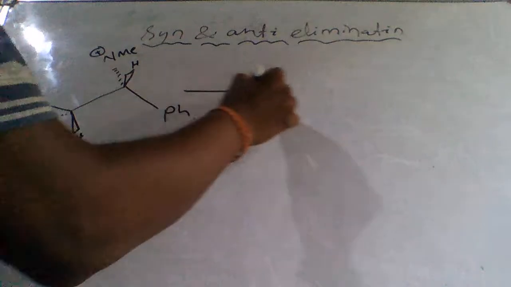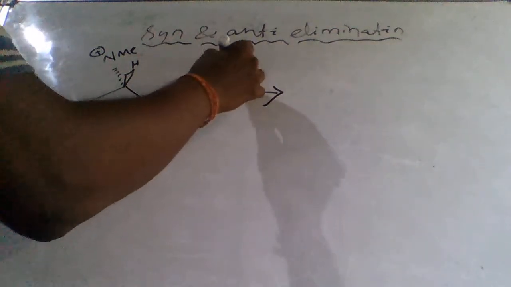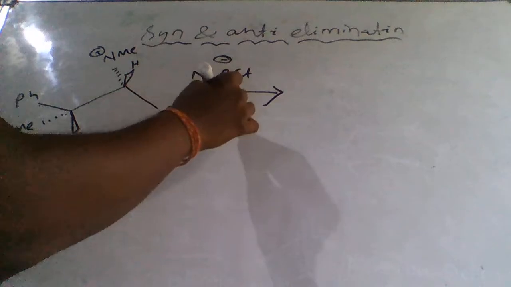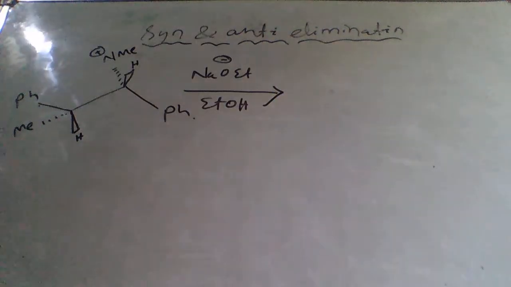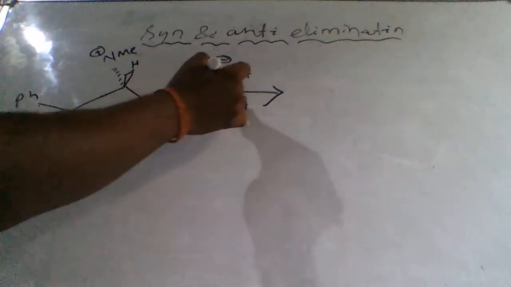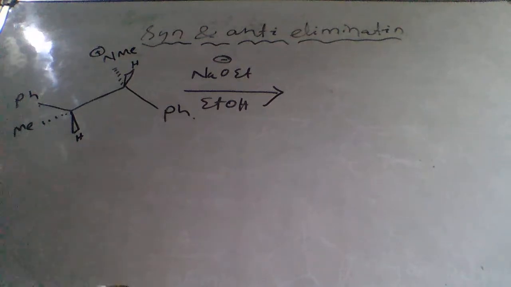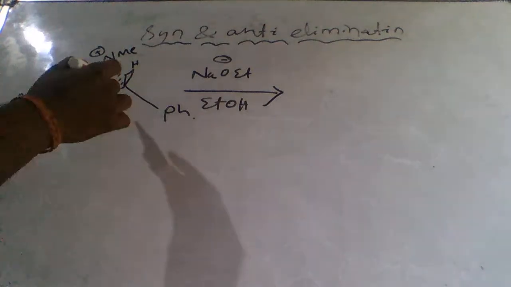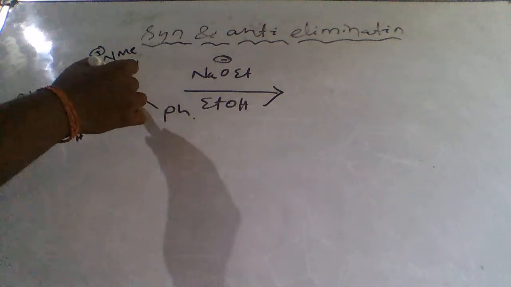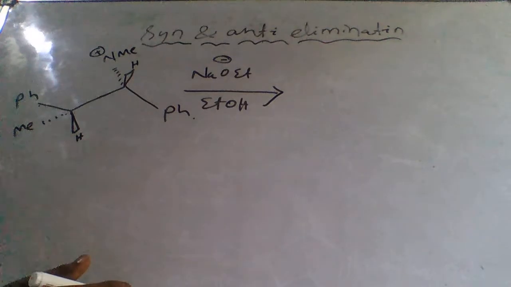And when we treat it with base like sodium ethoxide in ethanol, in the presence of this base, this ammonium salt always eliminates in an anti-periplanar manner.